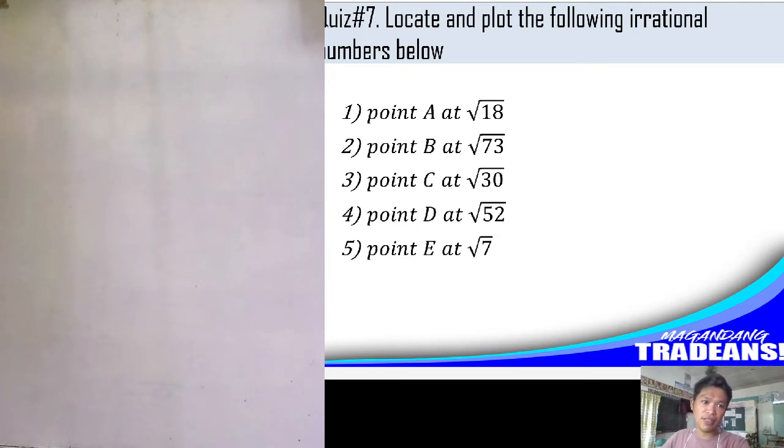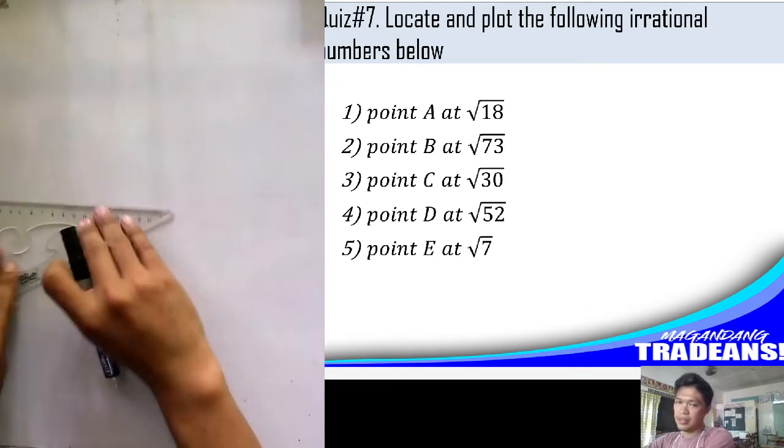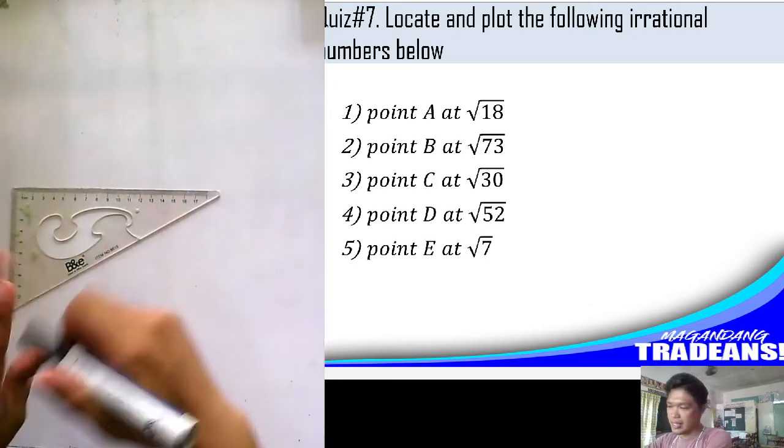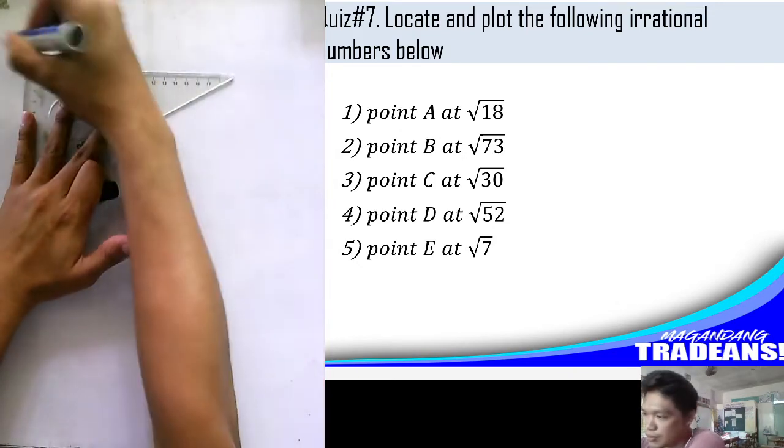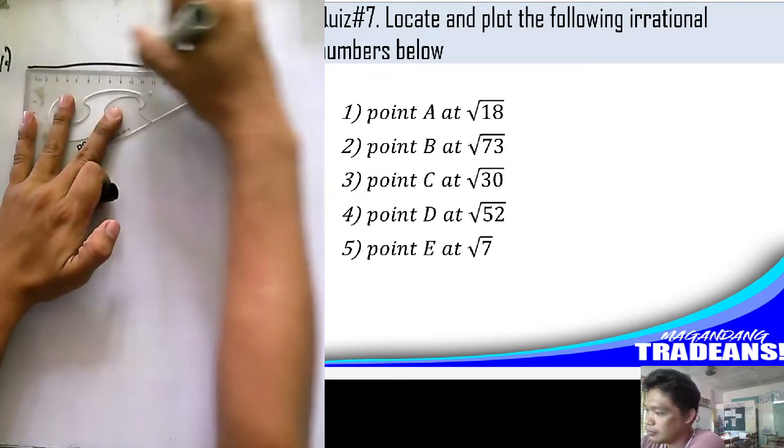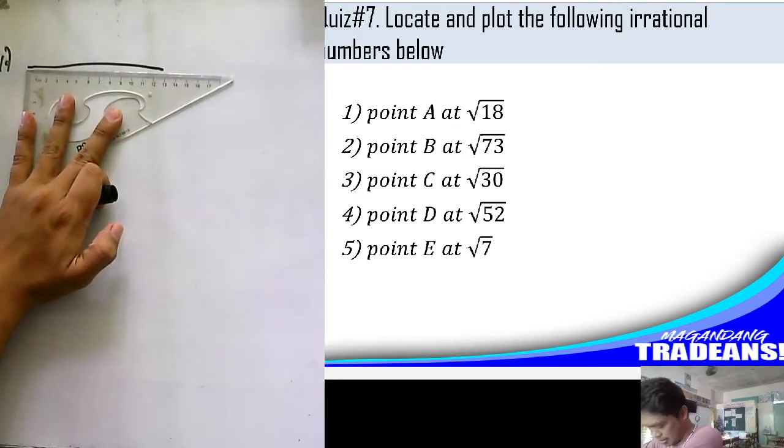So we have the first given, point A at square root of 18. So, gagawa po tayo ng ating straight line for number 1.